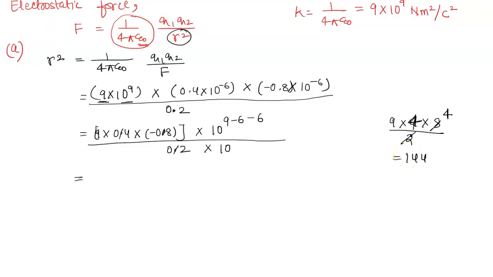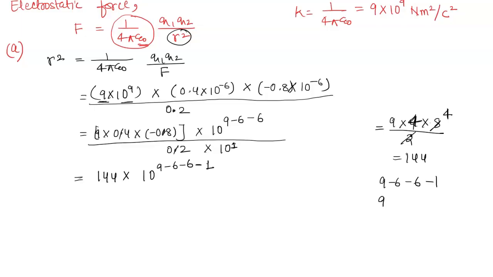So that is 144. For the power, we have 9 minus 6 minus 6, and the 10 to the power minus 1 in the denominator becomes plus 1 when moved to the numerator, so we get 9 minus 6 minus 6 minus 1.